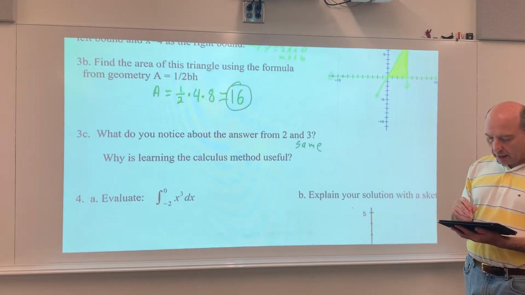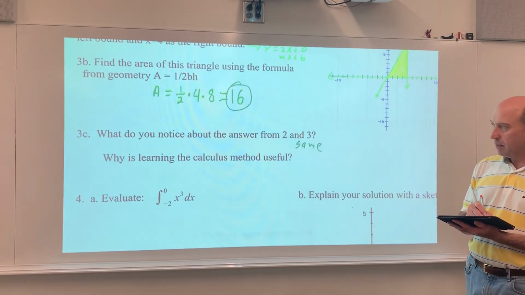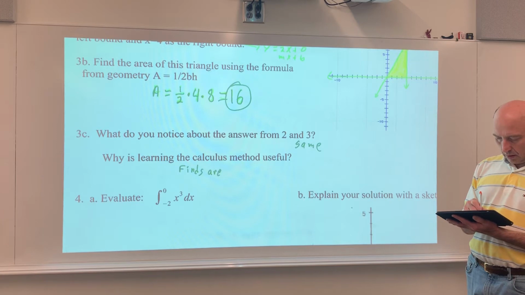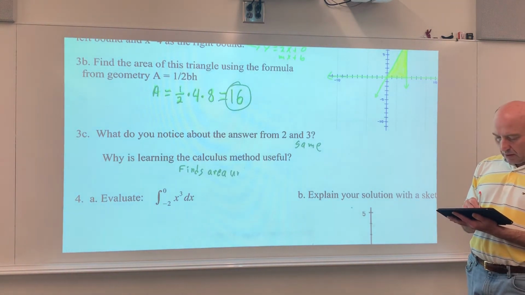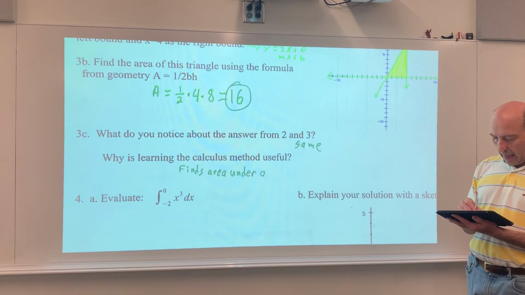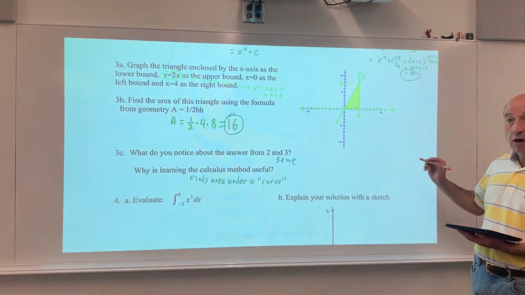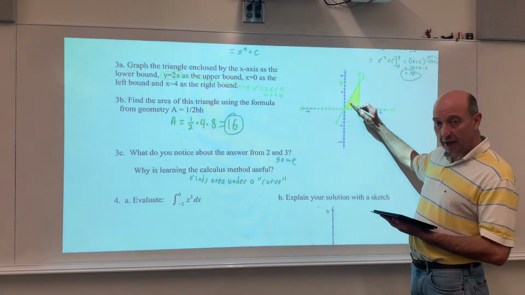Okay, why is this calculus method useful? It finds the area under a curve. Now, in this problem, our curve, 2x, wasn't curving.